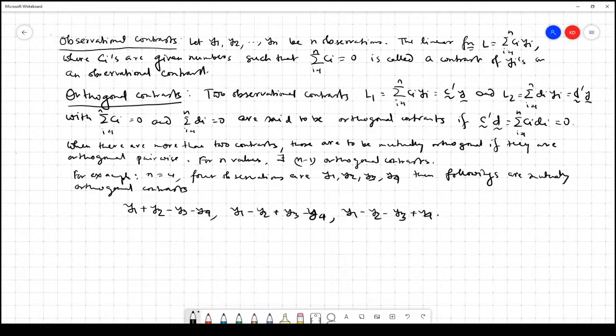So please check. These are the mutually orthogonal contrasts. Please check. This is your homework. Okay.